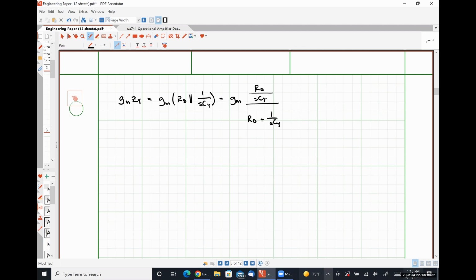Are we all okay so far? Doing those two elements in parallel. I'm going to multiply by SCY over SCY to clear these pesky fractions.